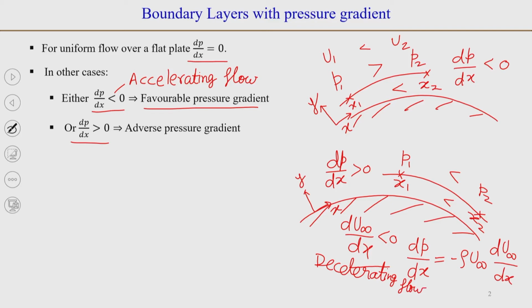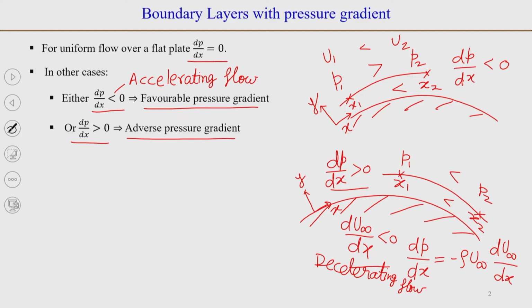That means that in this case, along with the viscous drag, the flow also needs to overcome the deceleration caused by this pressure gradient, which is opposing the flow. That is why it is called an adverse pressure gradient.